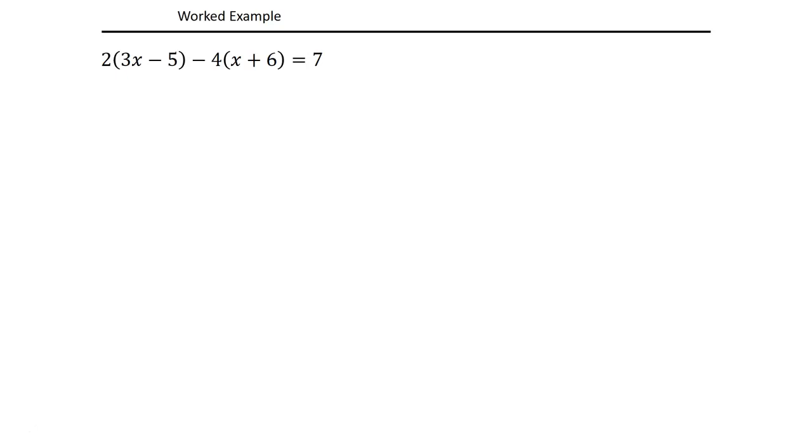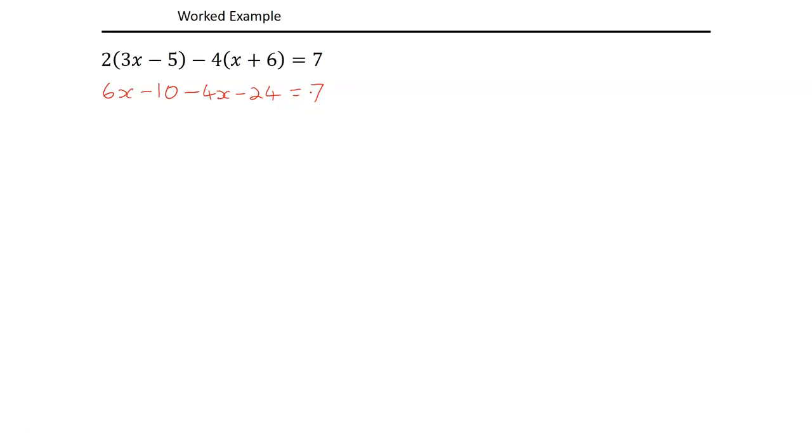So you'll remember from our solving equations with brackets lessons, when we multiply out brackets, we multiply everything inside the bracket by the thing on the outside. Now here, notice this is minus 4, so I've got minus 4x, then minus 4 times 6.